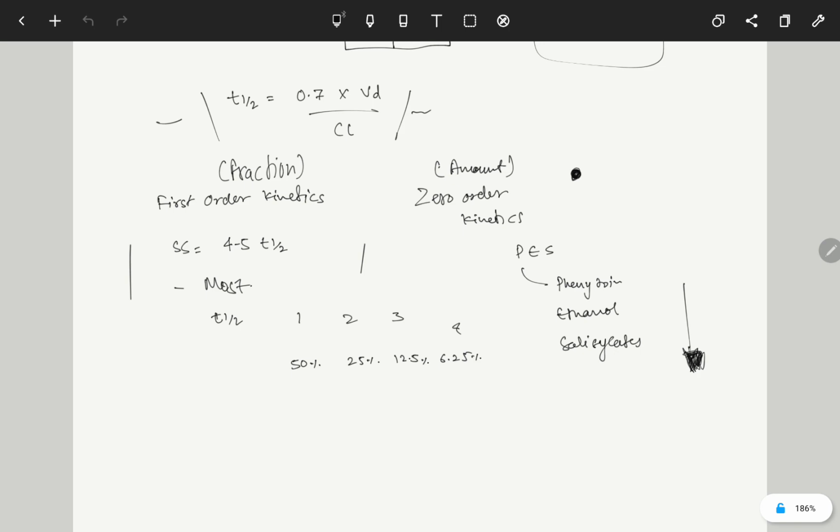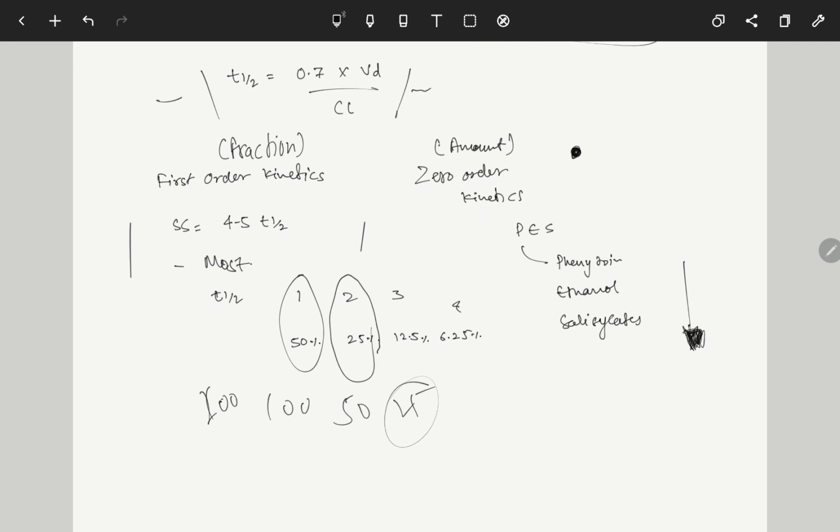Half-life of elimination is like this: after the first half-life you will be at 50%, then after two half-lives 50% of 50, which is 25, then 50% of 25, which is 12.5. So some basic numericals can be there, like a person took 200 mg of drug, then after 3 half-lives how much of it will be left. So after 3 half-lives 25 mg will be left.